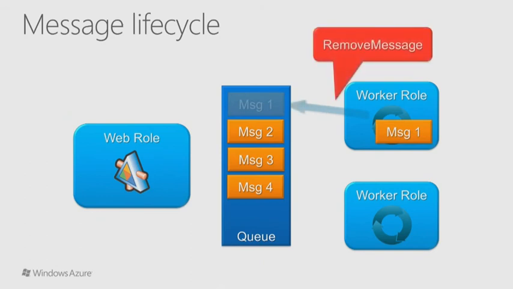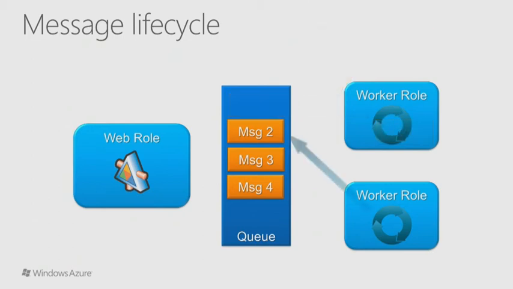It gets that message and processes it. At the time it pulls that message off, the queue marks it as somebody's looking at this one, I'm not going to give this one out again. Then that worker has to go back and say, yep, I'm done with that one. And then the queue at that point will remove it.